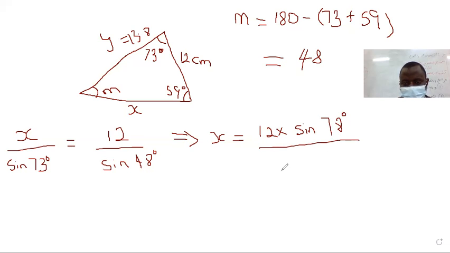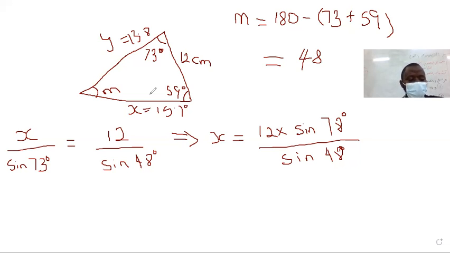So now I have 12 multiply sine 73 divided by sine 48. So this side is 15.7 centimeters.